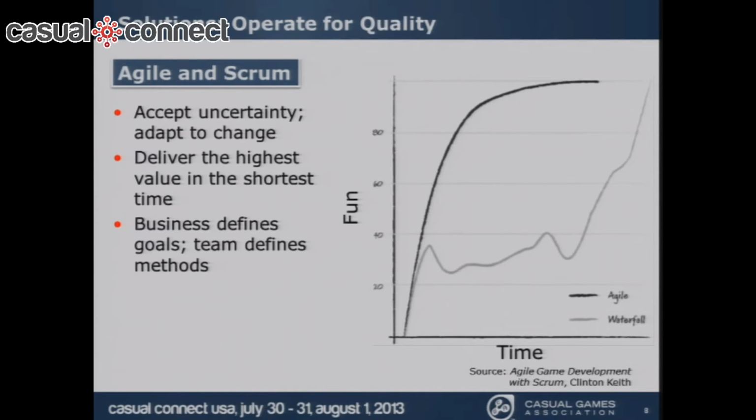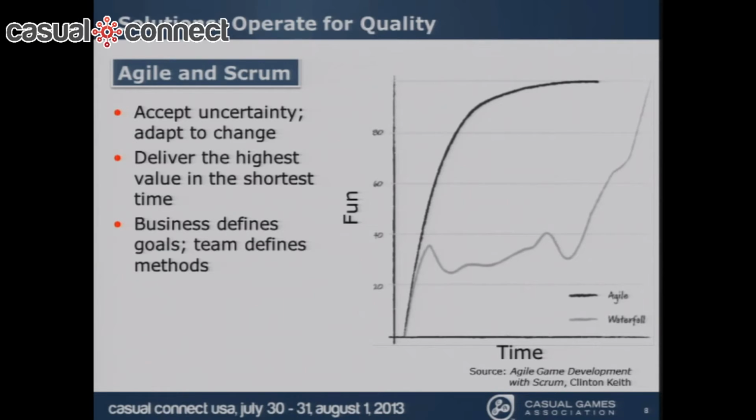Right at the start they're both similar. The gray is the standard waterfall, and there's an initial rush to fun. There's a vertical slice or a prototype, and then there's a lot of work being done, and we're not really measuring for fun in standard project management. We're tracking along a plan, tracking along to ship, and then you polish at the end and you get this big burst of fun.